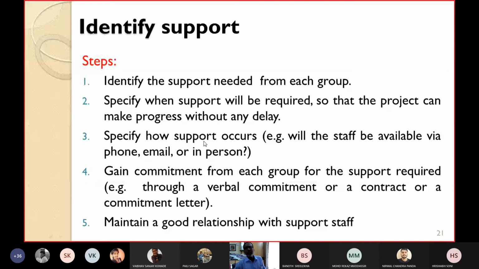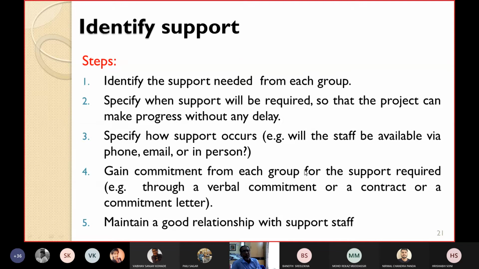For example, will the staff be available via phone, or via email, or in person? So you see several maintenance companies are available 24/7 over telephone. In some cases the problem is not solvable by phone and the person comes, like we have an AMC for the UPS. If some problem happens, we give them a call.